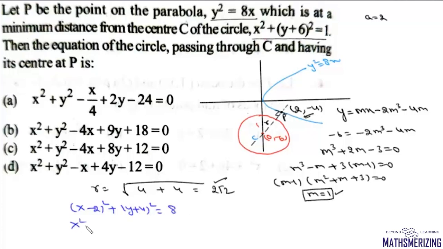So it will be x square plus y square minus 4x plus 8y, and then 4 plus 16 is 20, 20 minus 8 is 12, plus 12 equals 0, and that's your option number C: x square plus y square minus 4x plus 8y plus 12 equals 0.